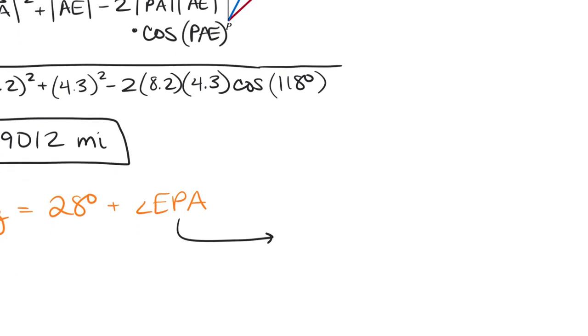We will be doing, and I wrote too far to the side, so I'm going to move my arrow just a little bit so I'm not off the page. We're going to do sine of angle EPA over its missing side. What side? Give me letters. What side is across from EPA? AE.